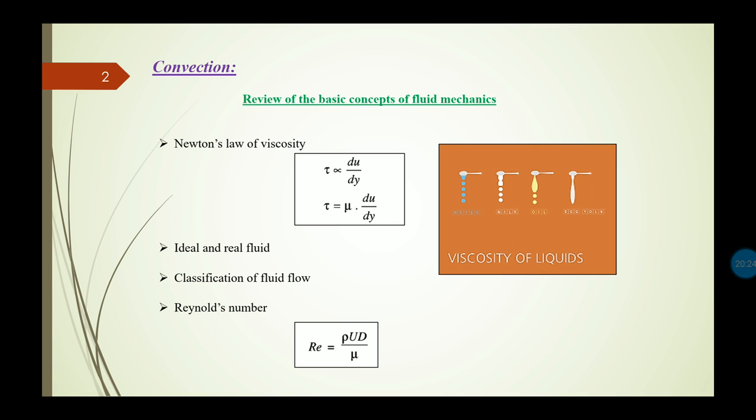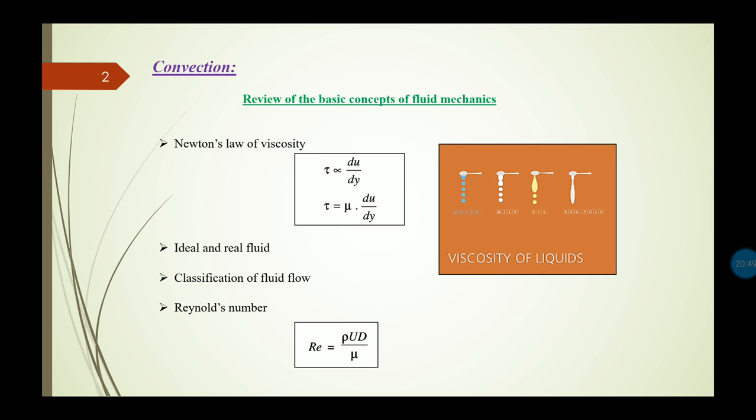Till now we have discussed in brief the difference between laminar and turbulent flow. Next, there is another important classification of fluid flow, that is compressible and incompressible flow. So what is this compressible and incompressible flow?